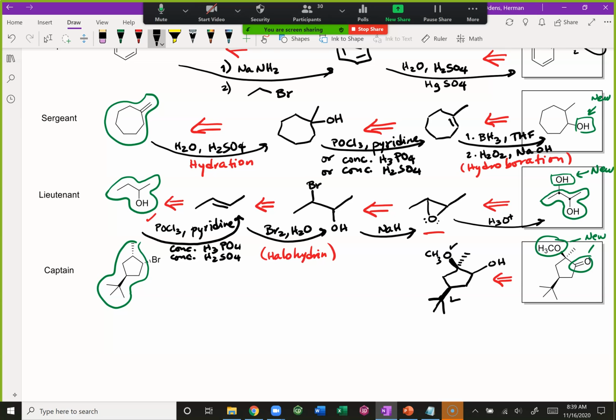And notice whenever you have an oxygen and another oxygen next to each other, that comes from an epoxide. This guy right here will come from an epoxide. So I can say with confidence that this came from ring opening of the epoxide of that alcohol. So I'm going to go a little bit more backwards.